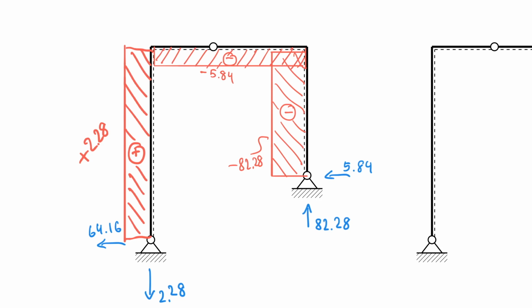Of course, I will explain to you a few things real quick. So I say again that this 5.84 here has to close and go back to 0 at that corner, whereas the 82.28 here, of course, has to go also back to 0. So all this has to be closed. And you can always convince yourself by cutting here and calculating the normal forces.